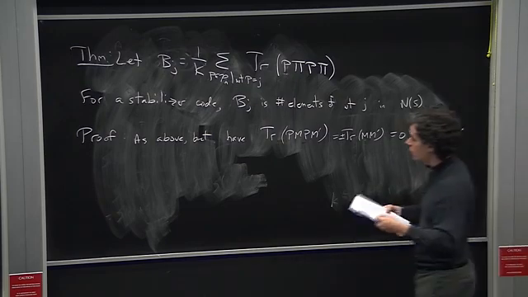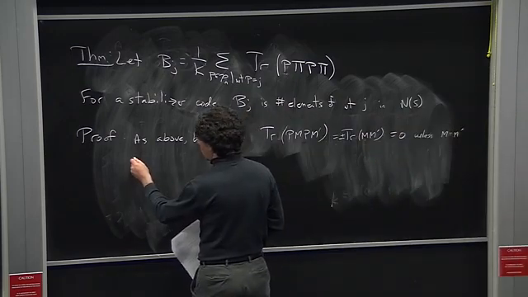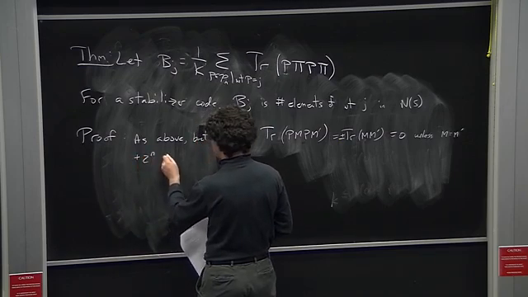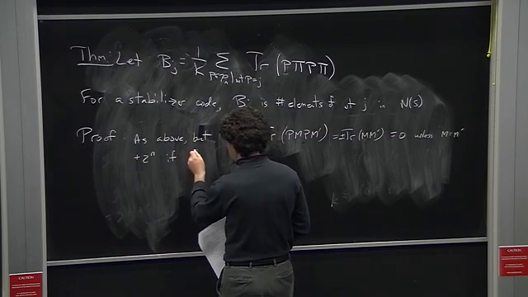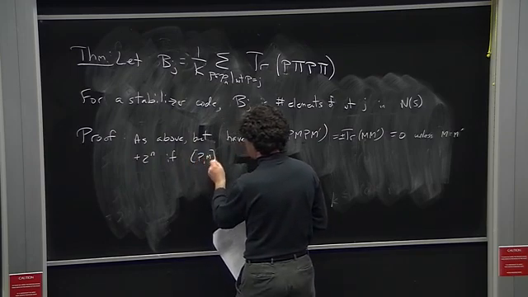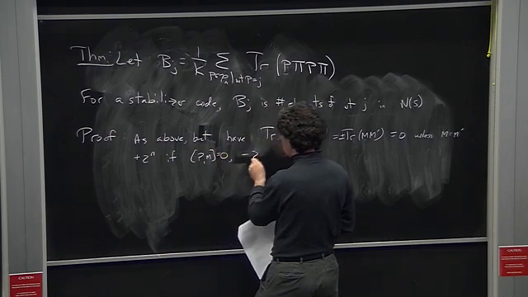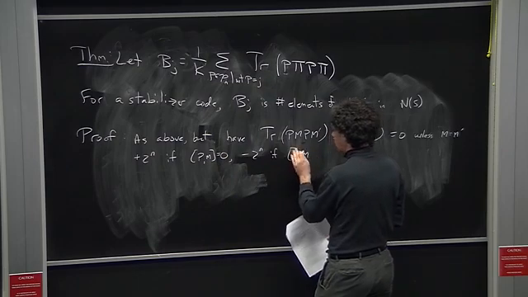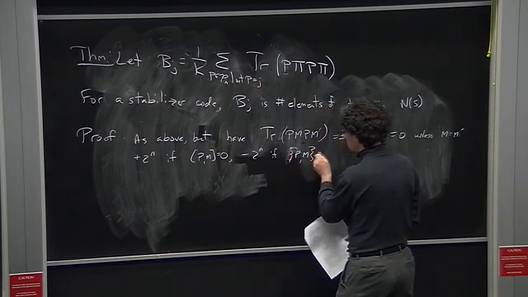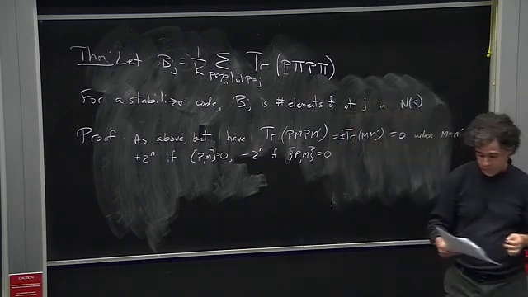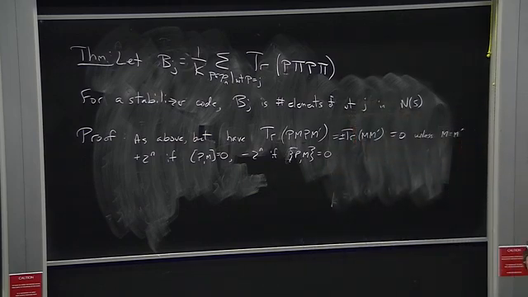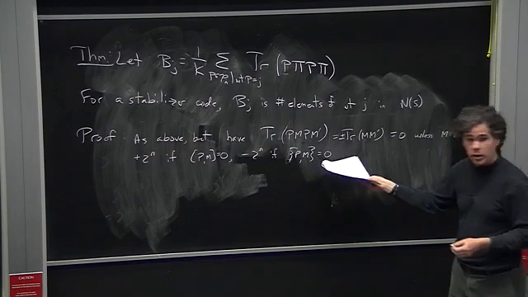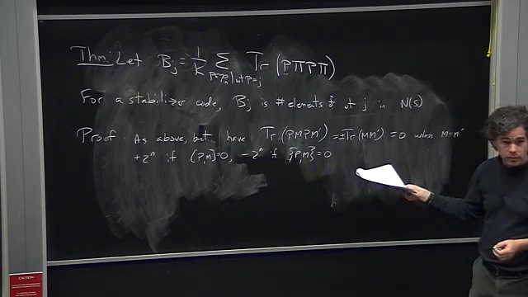So what are we going to get? We're going to get plus 2 to the n if P and M commute, and minus 2 to the n if P and M anti-commute. Right? So now let's think about it. And remember, we're summing over all elements M in the stabilizer.